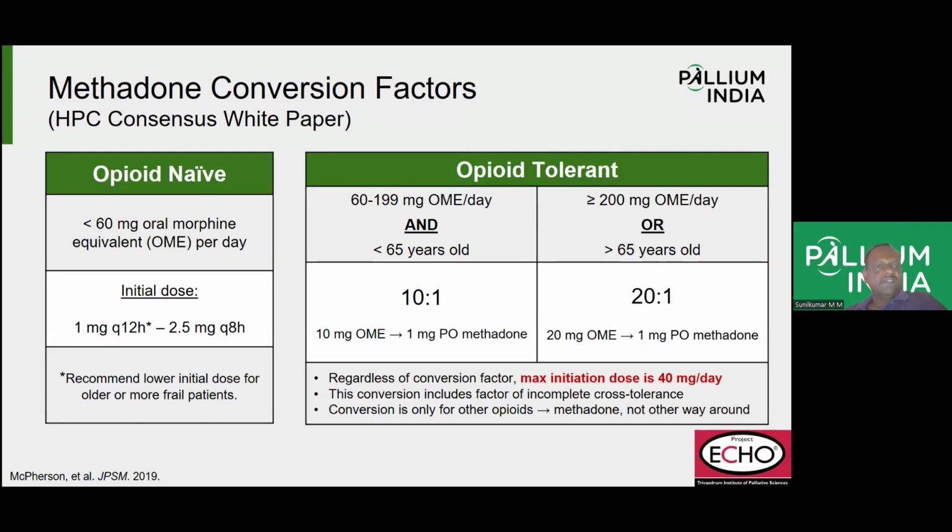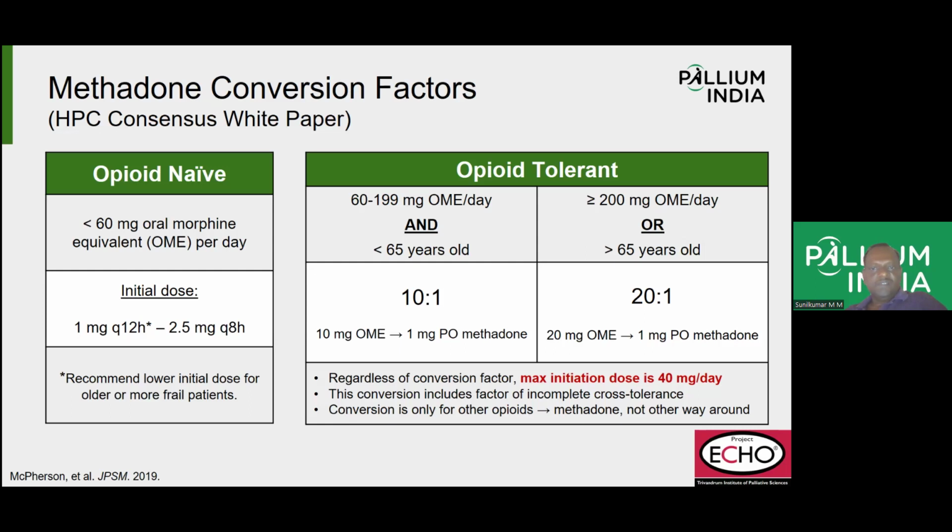If the patient is taking less than 60 milligram of oral morphine per day, you can start that patient on 2 to 7.5 milligram of methadone.